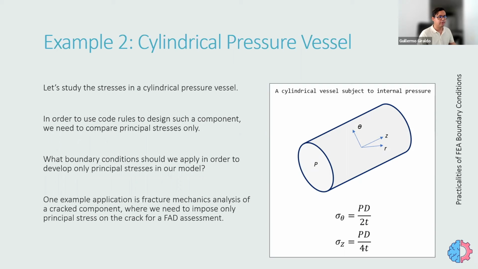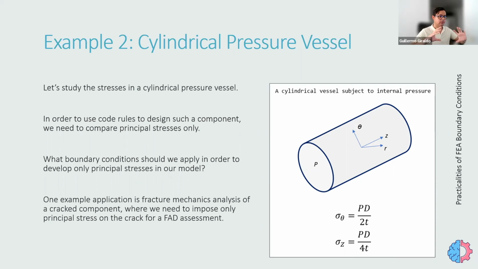We place ourselves in this cylindrical coordinate system with z the longitudinal, r the radial, and theta the tangential direction. This hoop stress is given by this equation, which is the one that tries to inflate the pipe and make it grow radially.